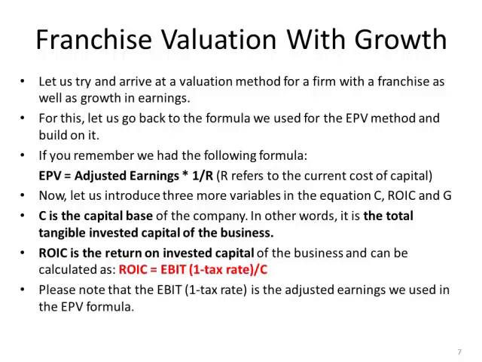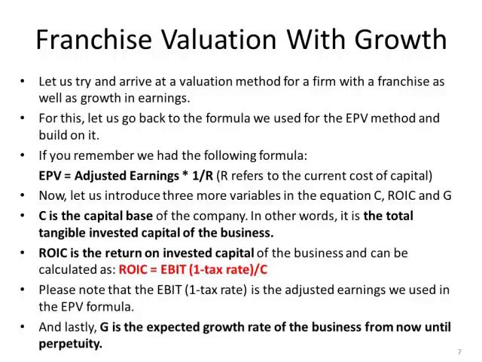The EBIT we're using here is going to be the adjusted earnings that we used in the EPV formula. When we did the adjusted earnings, we adjusted for certain items, specifically one-off items that we don't think are going to be sustainable over time. So we would want to do the same thing in this situation: take adjusted earnings and multiply it by 1 minus the tax rate.